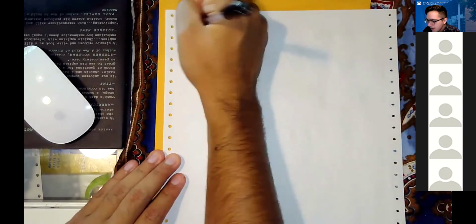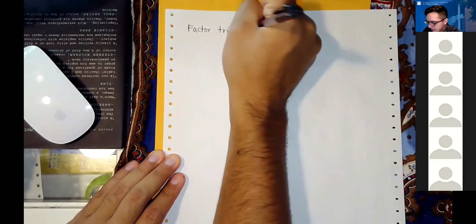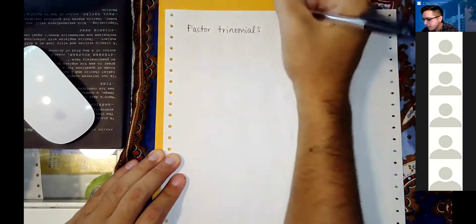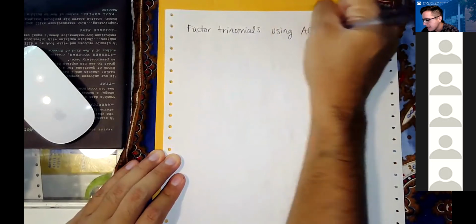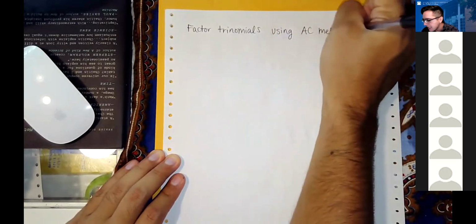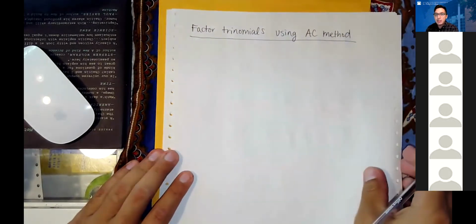So we're going to factor trinomials. So these are 3-term problems using the AC method. In the textbook, they talk about the FOIL method. I find that method to be more confusing for students.